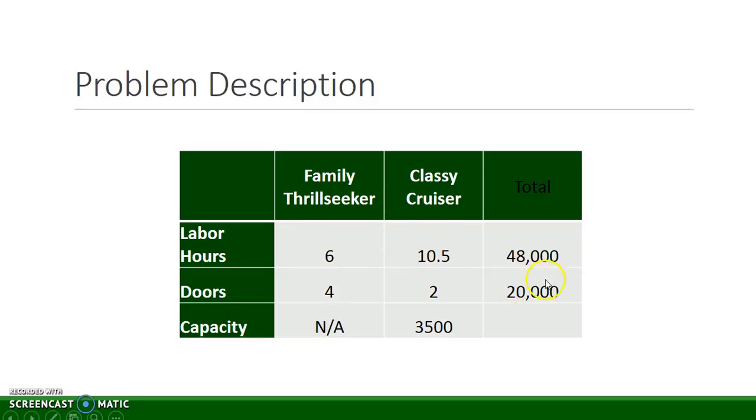We only have 20,000 doors to work with, which we're going to increase by 2% increments for part 2 of the problem. We have a 2-door classy cruiser and a 4-door family thrill seeker. For capacity, we can only make 3,500 classy cruisers, but we don't have any limits on the family thrill seeker.